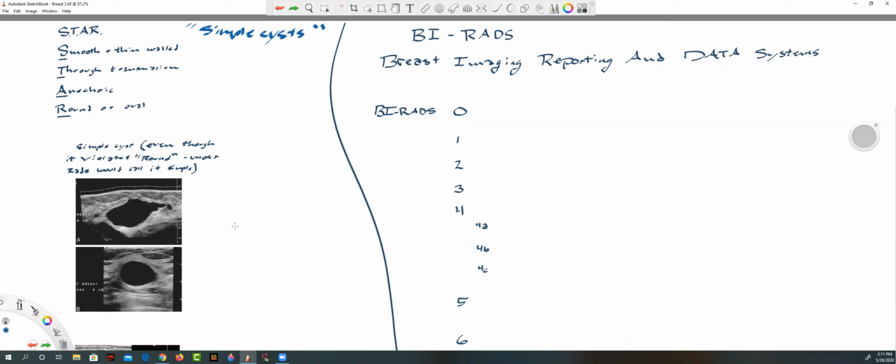There is a bit of a violation, and if the radiologist wants to call this a non-simple cyst because of this area here, then that is his or her prerogative for sure, because it doesn't follow the round or oval very well.